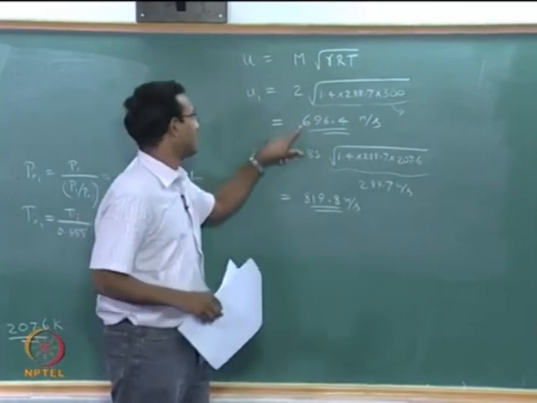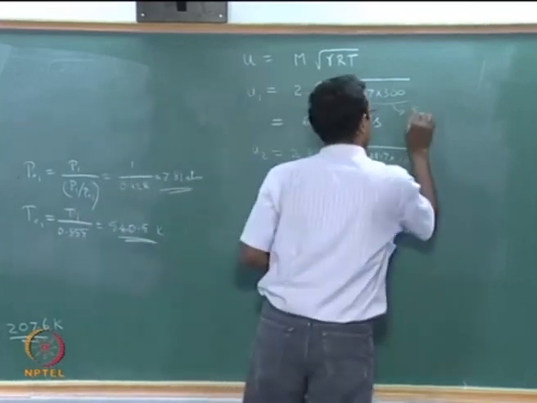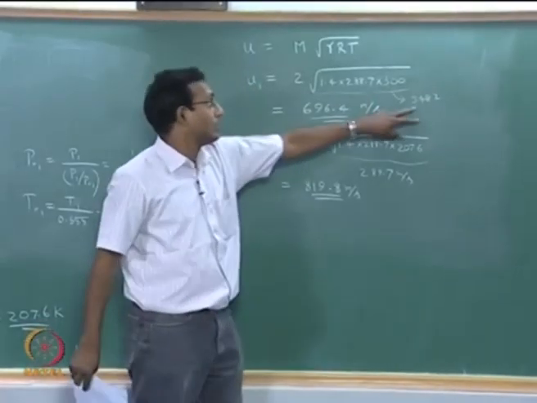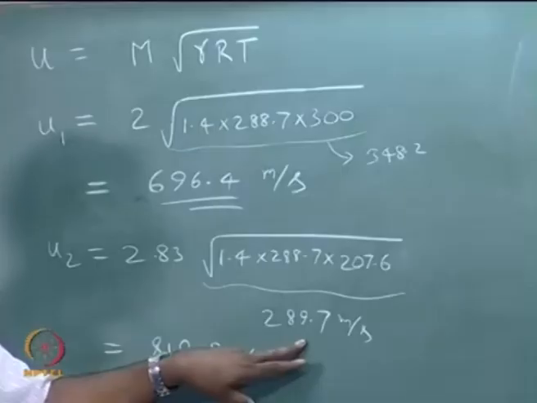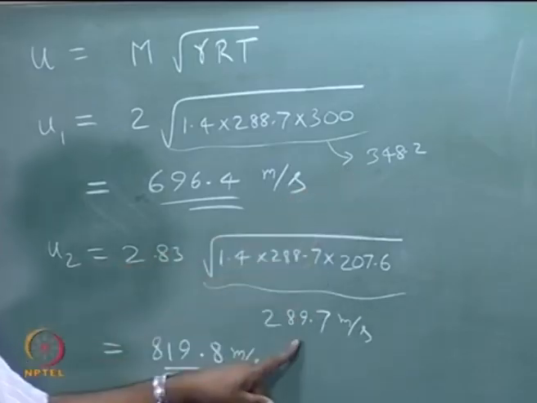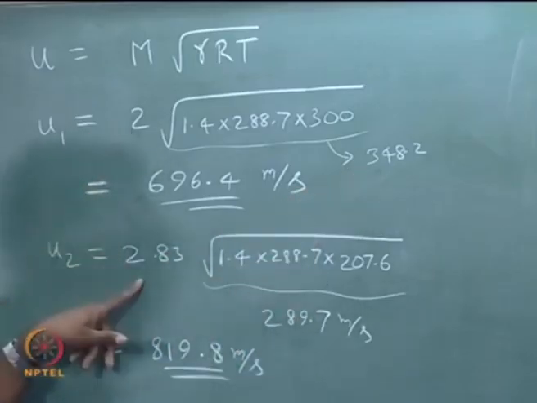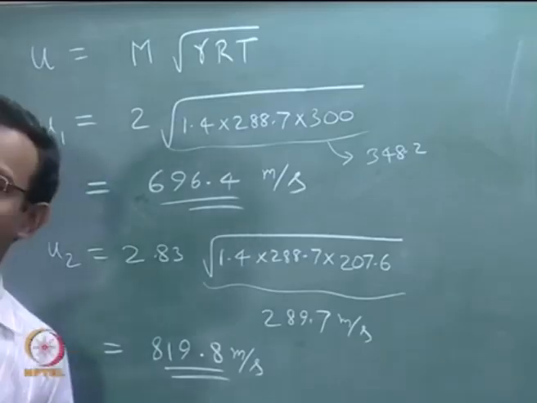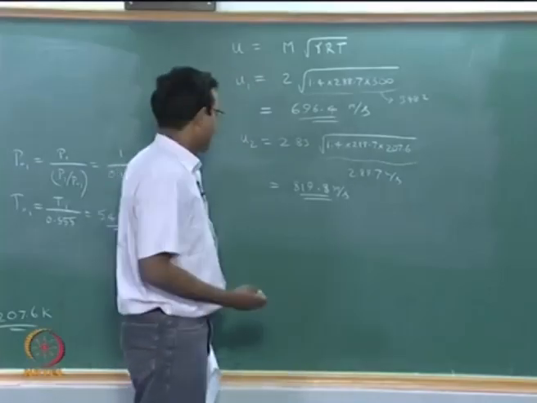I have to divide this by 2, it will be 348.2. Okay. So my speed of sound has gone down, yes, because my temperature is lesser, it is colder, but still my Mach number effect is higher. So we are finding that the velocity is increasing. Okay. Even though I am getting colder, my velocity is still increasing.